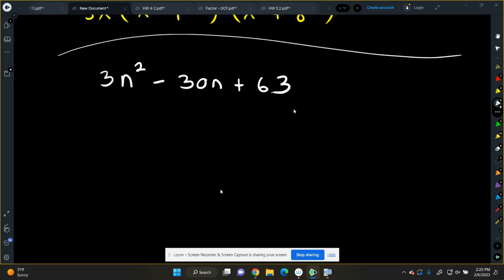You can take a 3 out. Yeah. So that'd be n squared minus 10n plus 21? No, wrong. That would be n squared minus 10n plus 21. And now we gotta find something that goes into that.